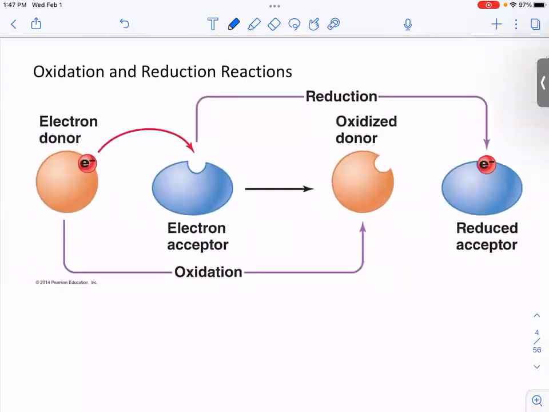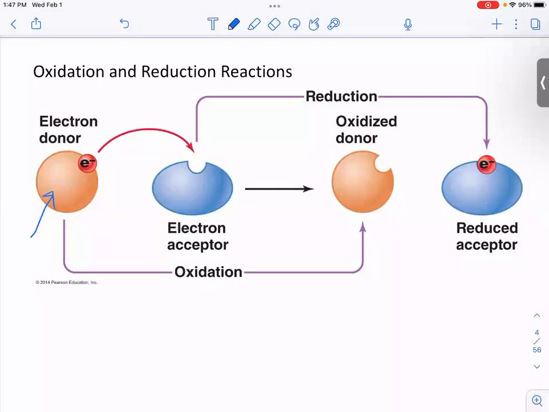Okay, redox reactions. When you have an oxidation reaction, if say this molecule is oxidized, that means that it is losing an electron.